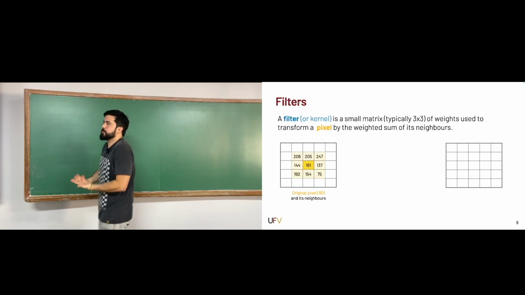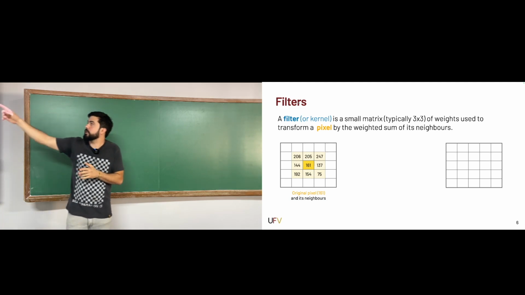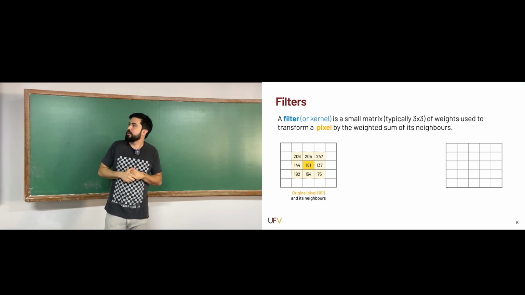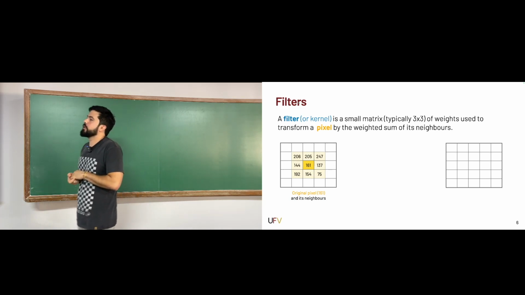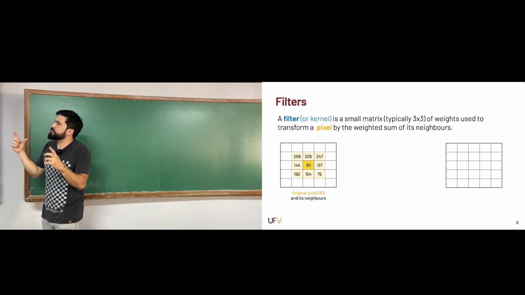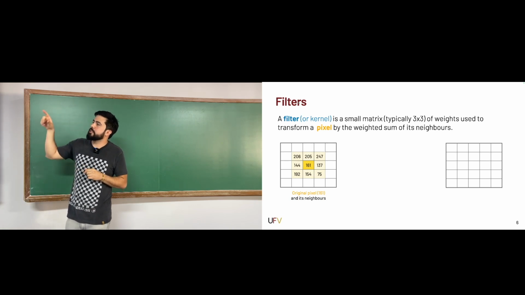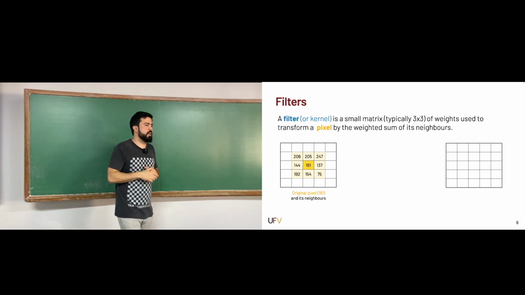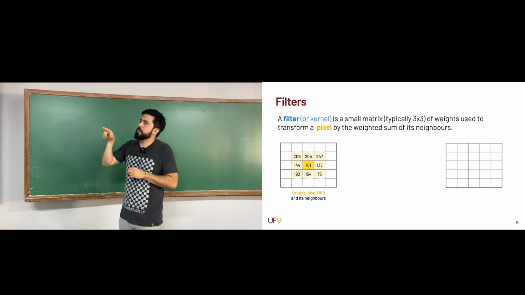How do you represent a filter? A filter is typically a small matrix of weights. What you see here on the left-hand side is a very small image that is 5 by 5. And I'm highlighting just one pixel of that image of value 161, and not only that pixel, but its neighbors.